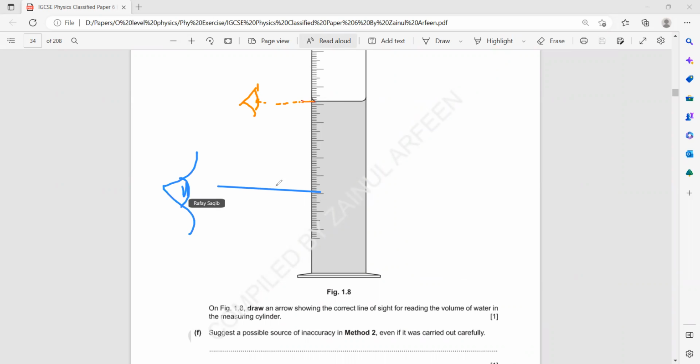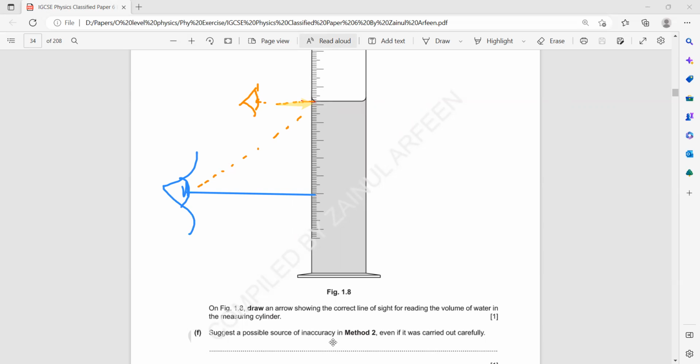When you draw the eye, it should be on that level, because otherwise there will be a parallax error. When we are reading it, we should always look at the bottom of the meniscus. So the position of the eye is important as well. It should be in line with the lower bottom of the meniscus.